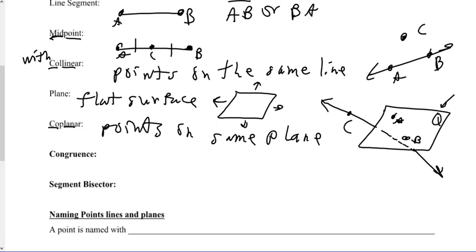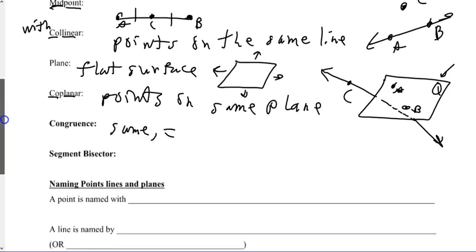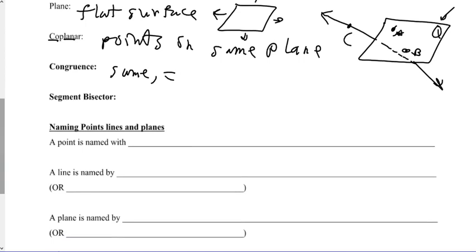Okay, congruence basically means the same, equal. If two things are congruent, they have the same measurement. And a segment bisector, okay, to bisect means to cut into two equal parts. Two equal parts, and that's key, all right? So a segment bisector goes along with the midpoint.